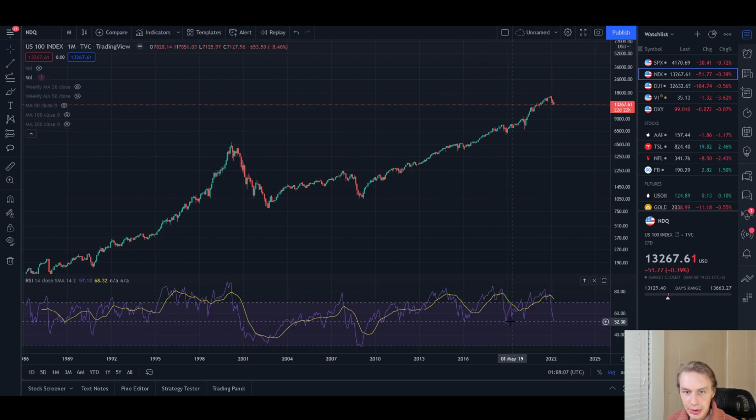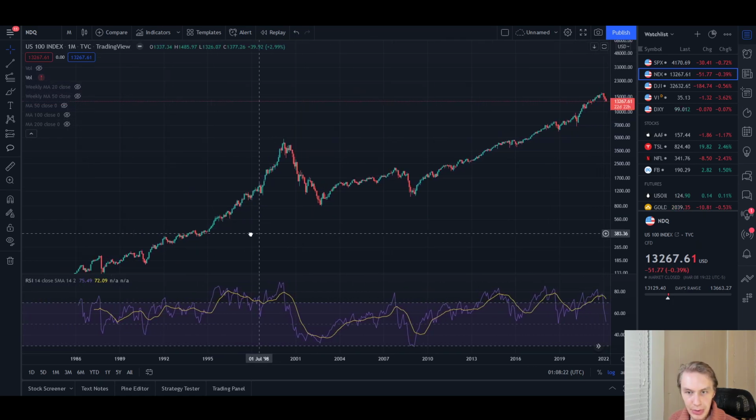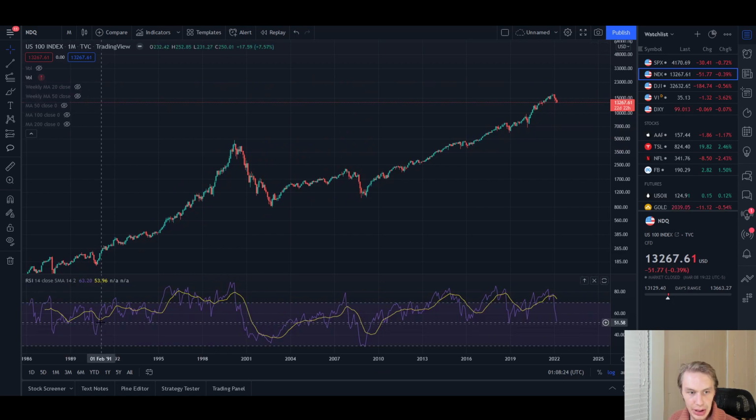And again, if we lose this level, which has been a level we've visited on the RSI a lot before we're catching a bottom and moving up, we're again looking at the dot-com burst and 2008 as being the only other times in recent history, if you're not going all the way back into the 90s, where we've gone below those levels.